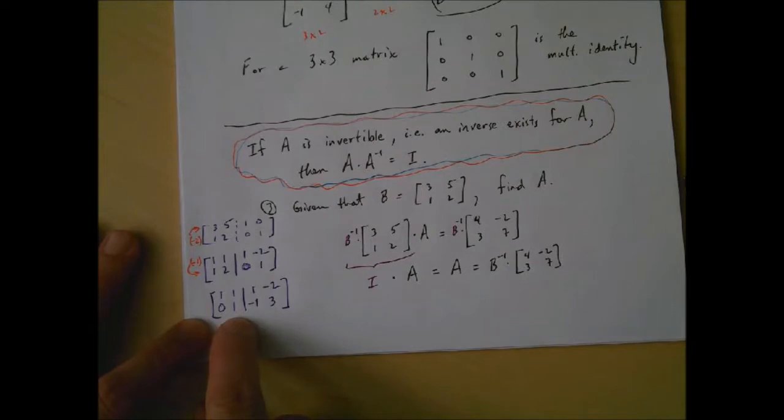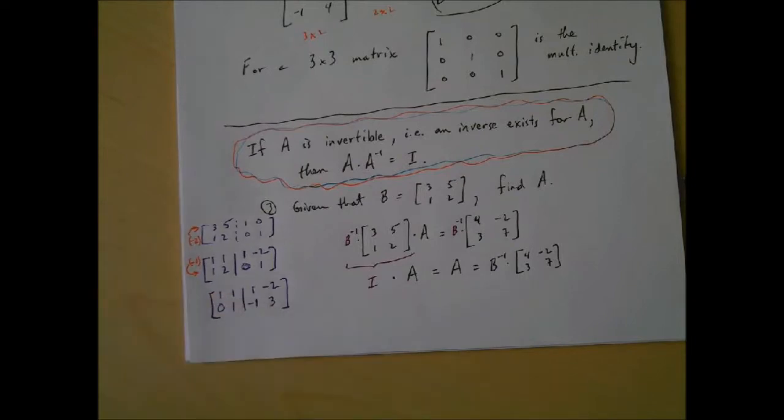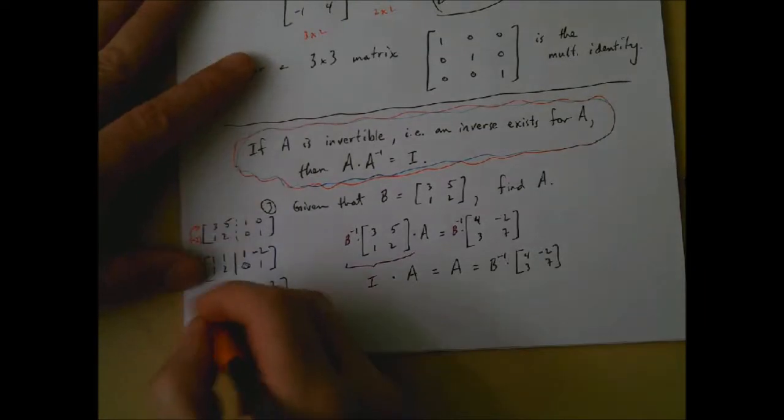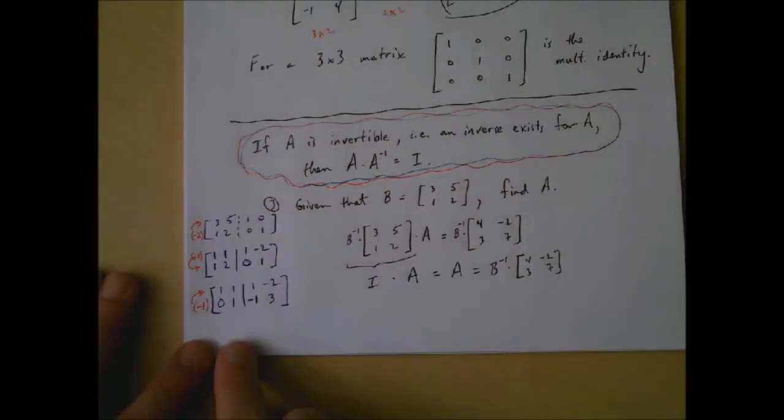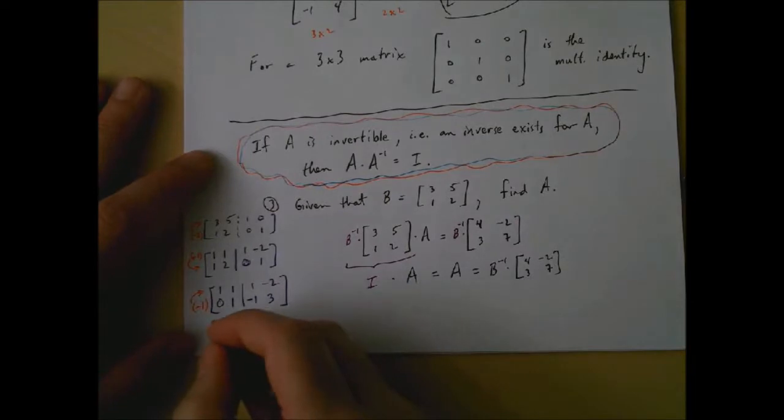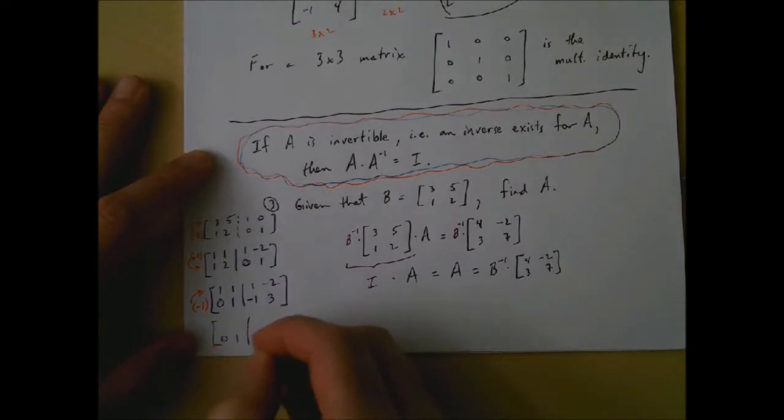Lastly, you get the zeros above it. Okay, so I'm going to multiply the bottom row by negative 1, and then I'm going to add it to the top row. So the bottom row is not changing. So 0, 1, negative 1, 3.